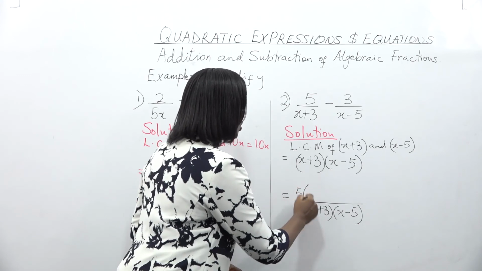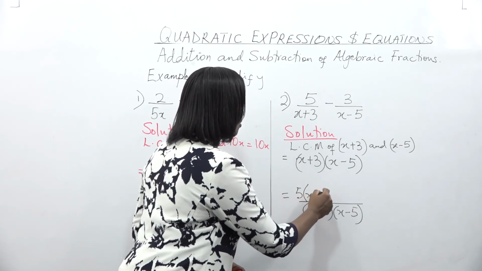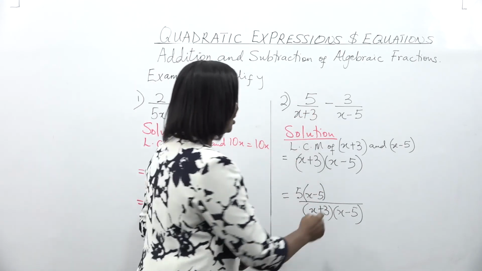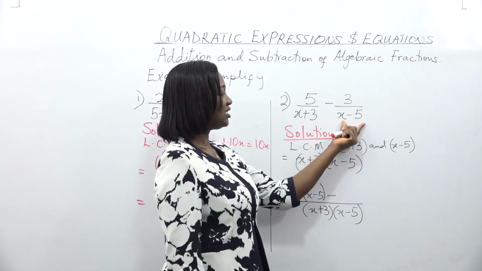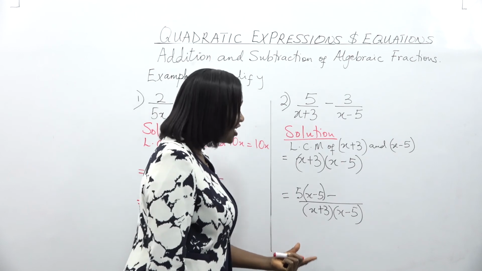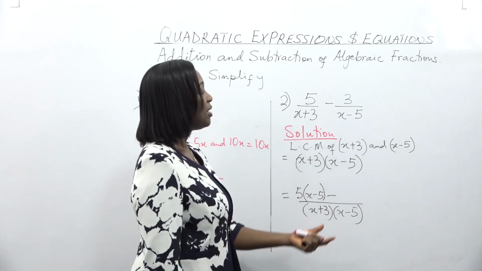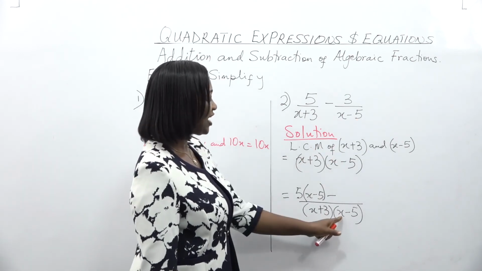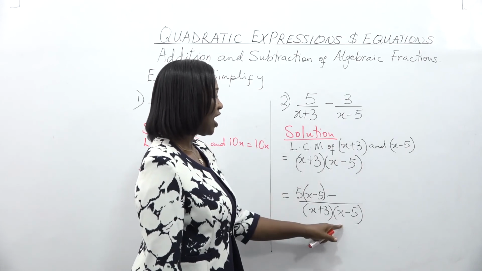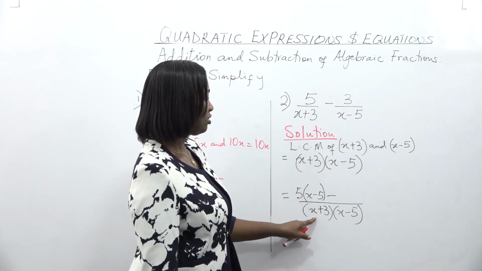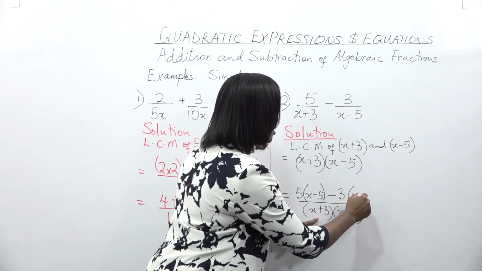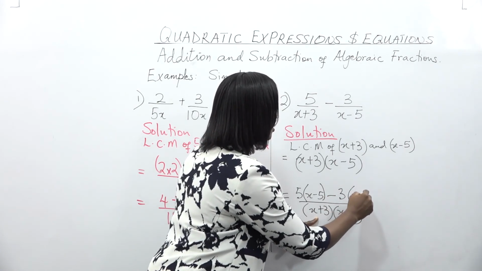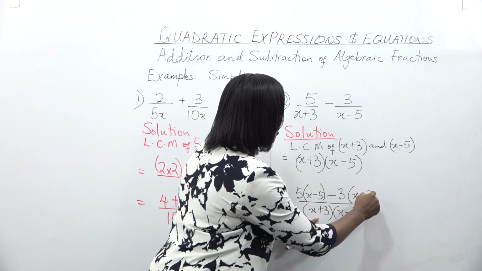So 5 into x minus 5. My minus sign is there. When I divide the LCM by the second denominator, the x minus 5 will cancel out, and what I have left will be x plus 3. So it will be 3 into x plus 3.